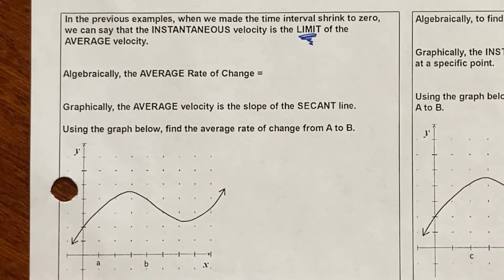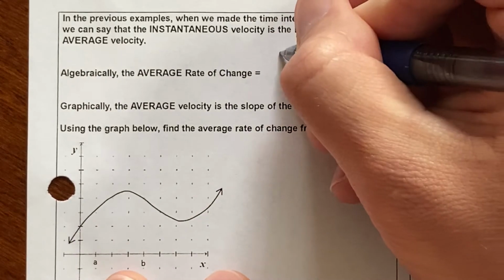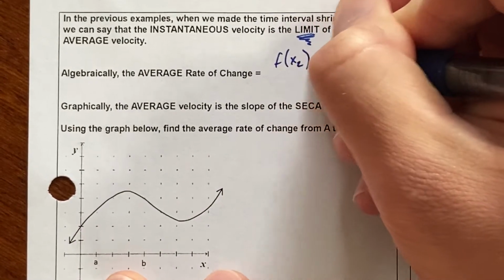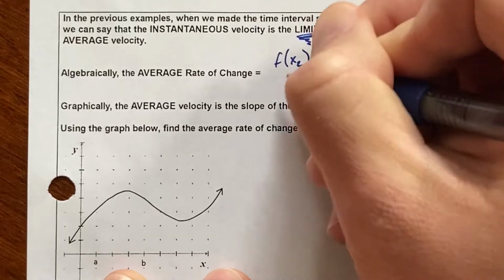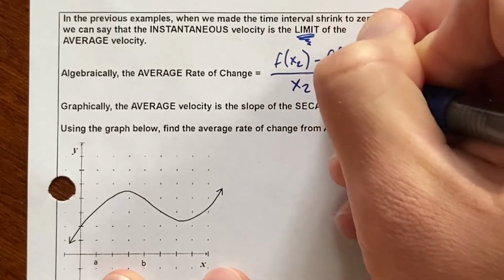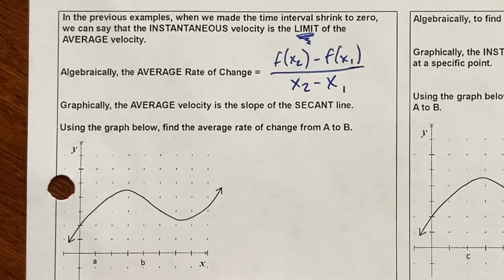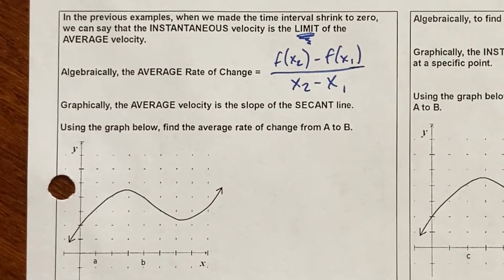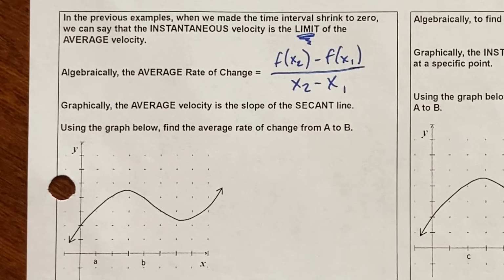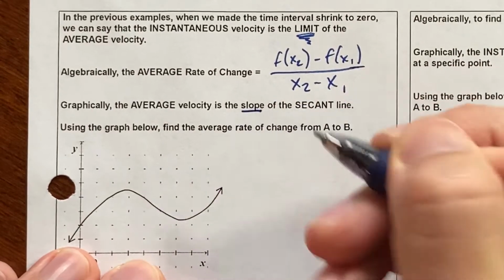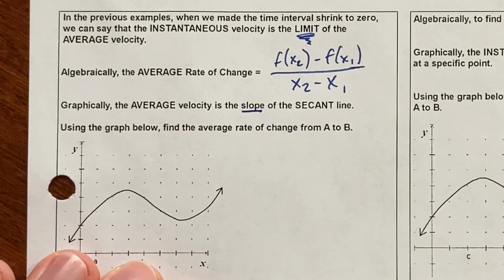Algebraically, the average rate of change. I feel like we've done 100 of these. Okay, that's my algebraic average rate of change. Graphically, the average velocity is the slope of the secant line.